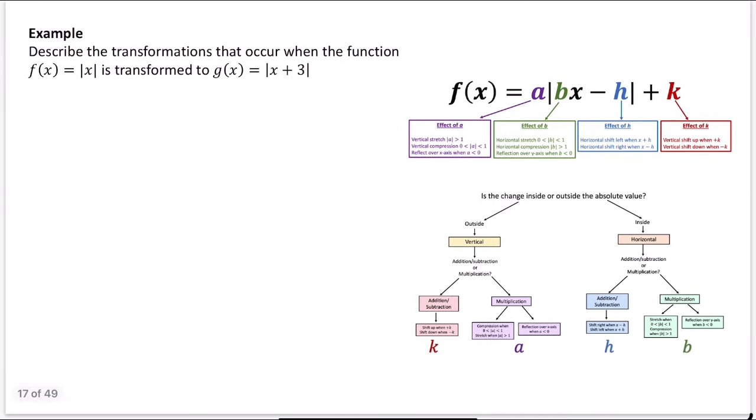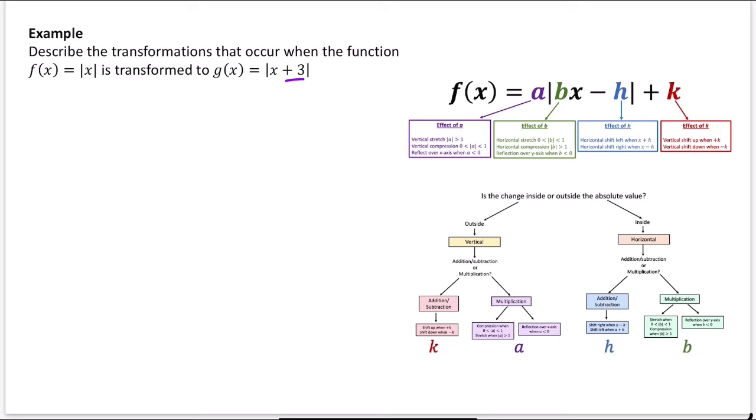So let's try describing the transformations that occur when the function f of x equals the absolute value of x is transformed to g of x equals the absolute value of x plus 3. Okay, so here's how I go about solving these problems. I look at the parent function and then I look at the new function and I just say, okay, what's changed? What's different here? And I notice that this plus 3 is my change, right? So I'm just going to underline that plus 3. And then I'm going to think about that in terms of a, b, h, and k.